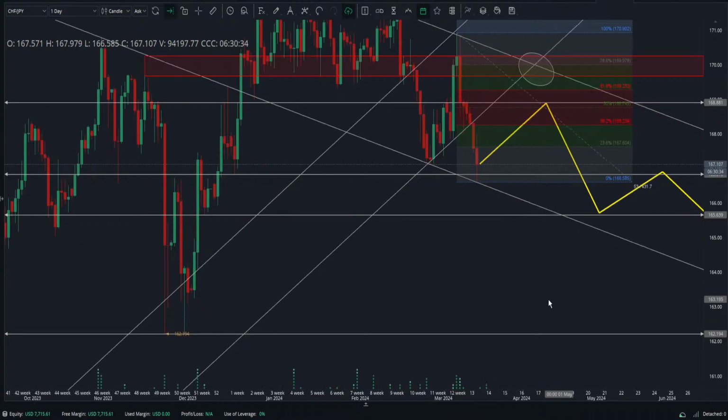This is aligning itself with almost a 50% retracement level. So yes, there is a high probability that the price will reverse from 168.88, as CHF JPY is very bearish. So next week expect the price to reverse from the 168.88 level.